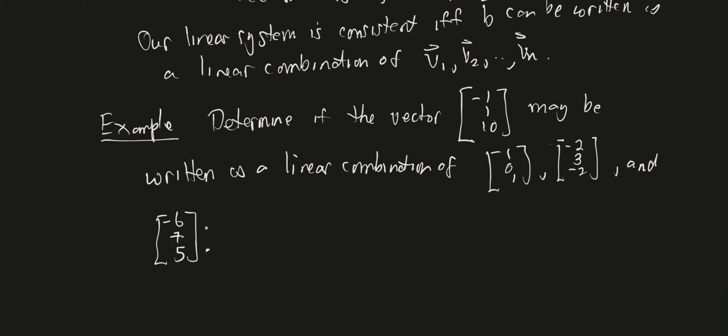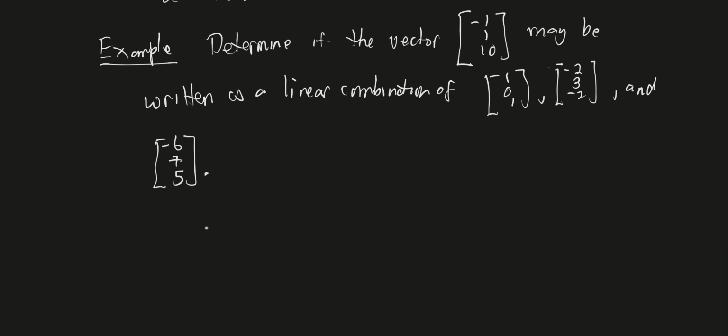So let's formulate this using the definition we just came up with. So the linear combination is of these three vectors. So that means I am trying to find constants. You can use x1, x2, x3. Many times they would use c1, c2, c3 for constants that would multiply these three vectors respectively, and we would want to get this vector as an answer, right? So let's use the c's for our scalars.